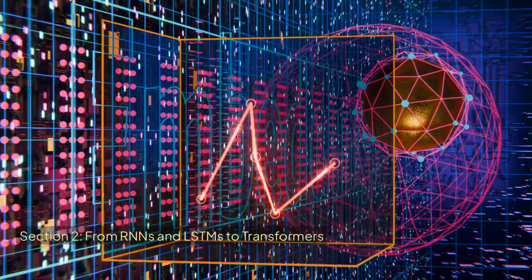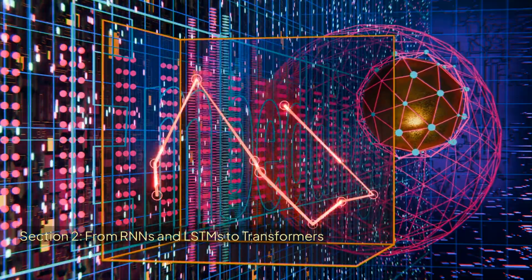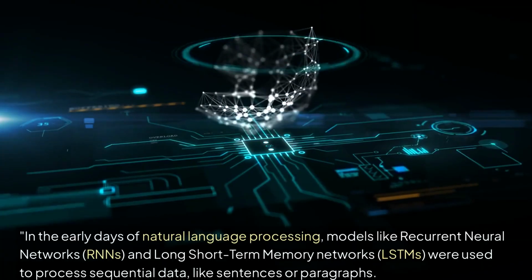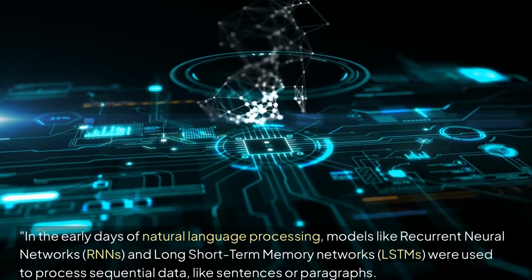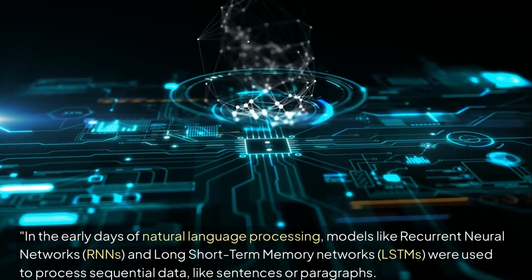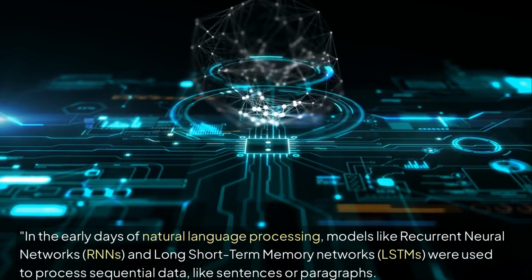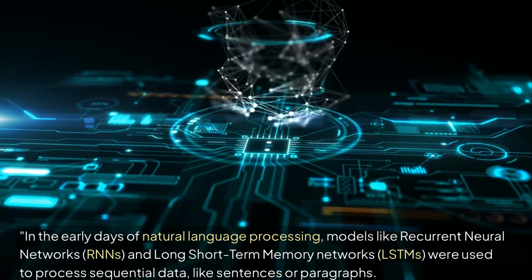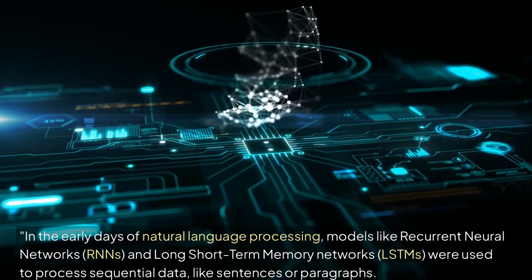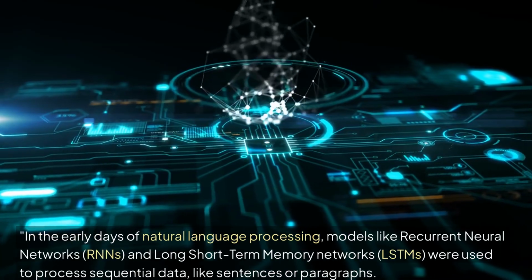Section 2. From RNNs and LSTMs to transformers. In the early days of natural language processing, models like recurrent neural networks, RNNs, and long short-term memory networks, LSTMs, were used to process sequential data, like sentences or paragraphs.